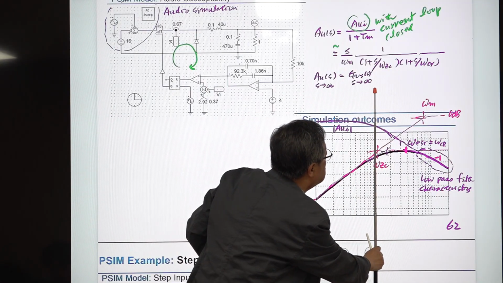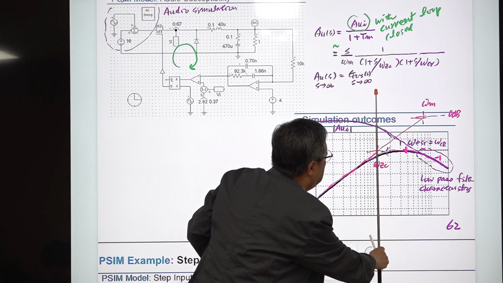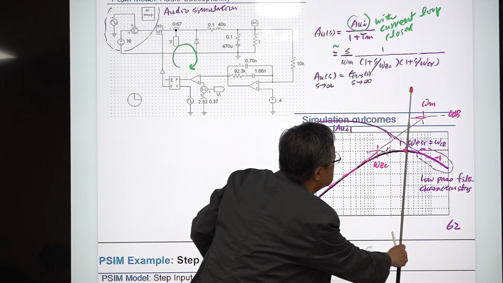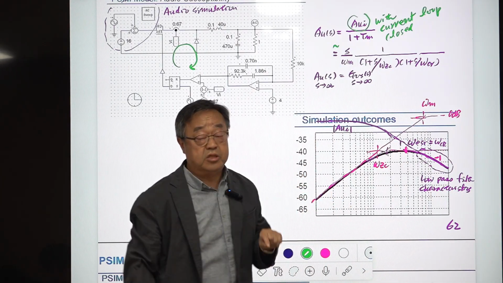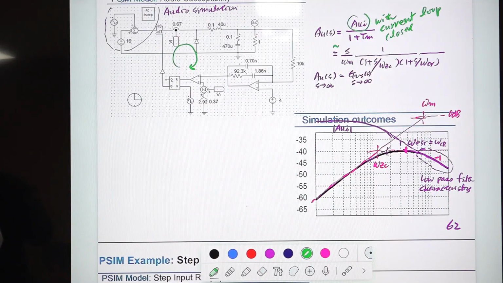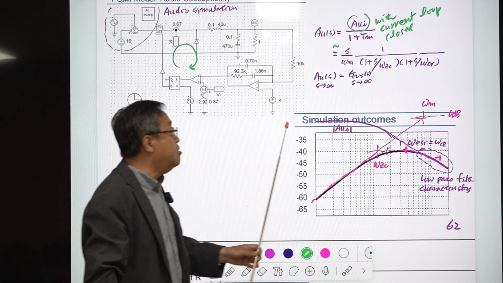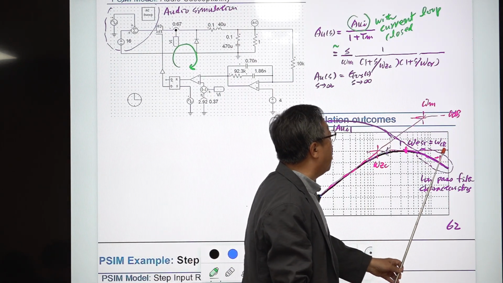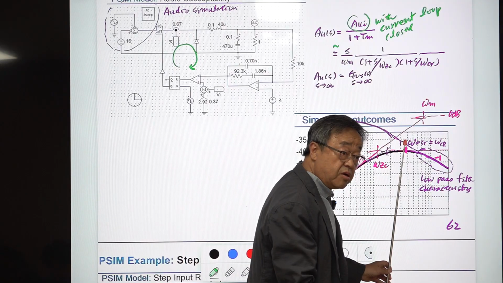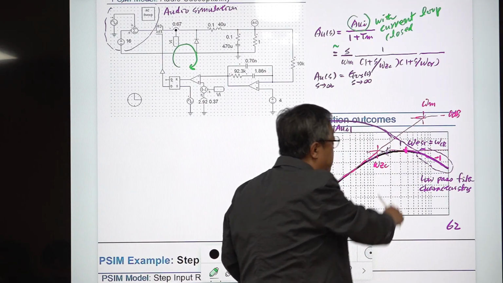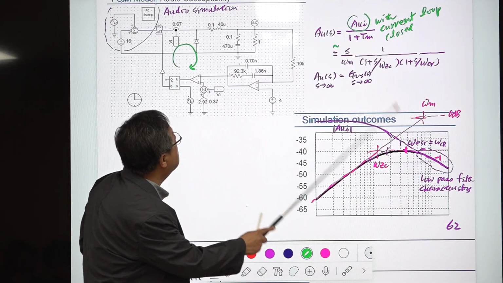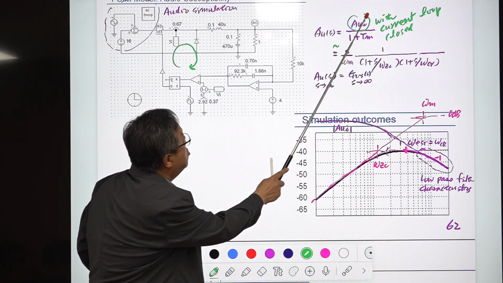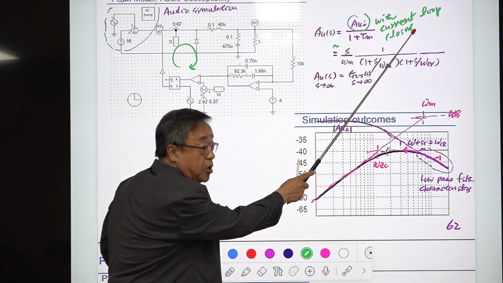The first corner frequency is determined by the compensation zero, and this second corner frequency is determined by the Tm crossover frequency. We denote it as omega CR, and during the design procedure, we placed omega CR at omega ESR. So they are the same by design, and this is a characteristic of this. And this one is the open loop input to output transfer function with current loop closed.